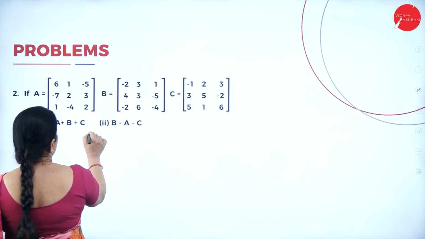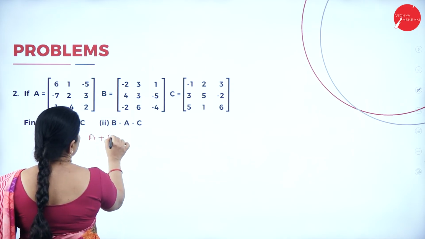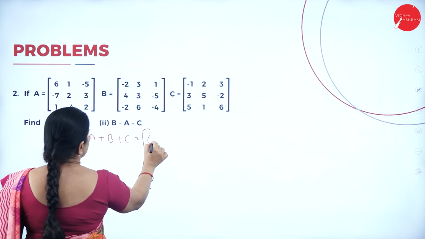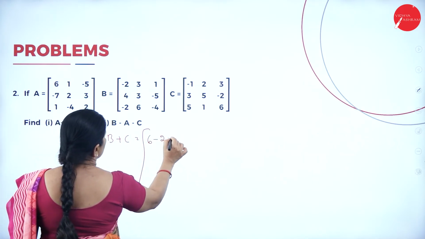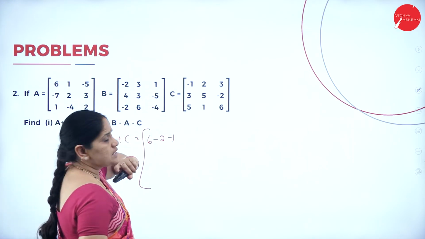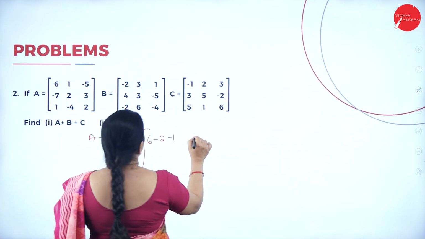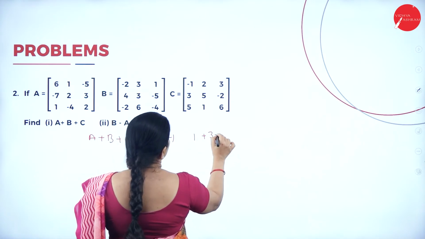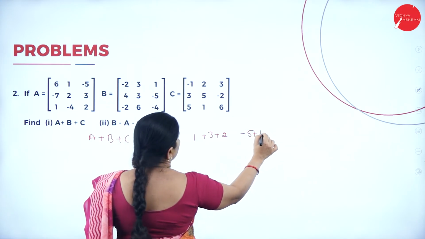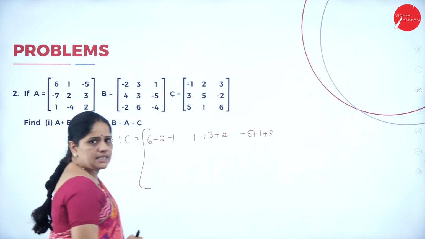Now I write A plus B plus C equals 6 minus 2 minus 1. So all the corner elements I am taking. Next, 1 plus 3 plus 2, minus 5 plus 1 plus 3.